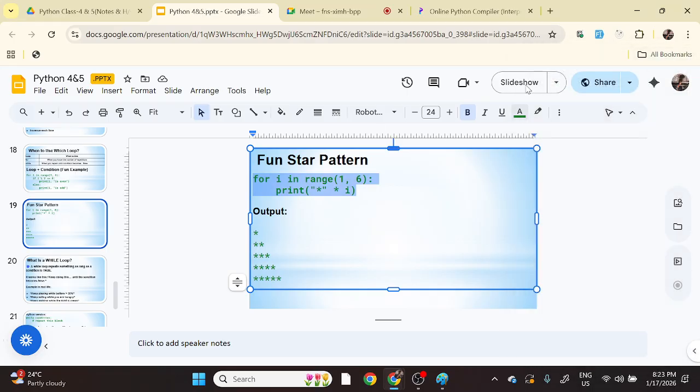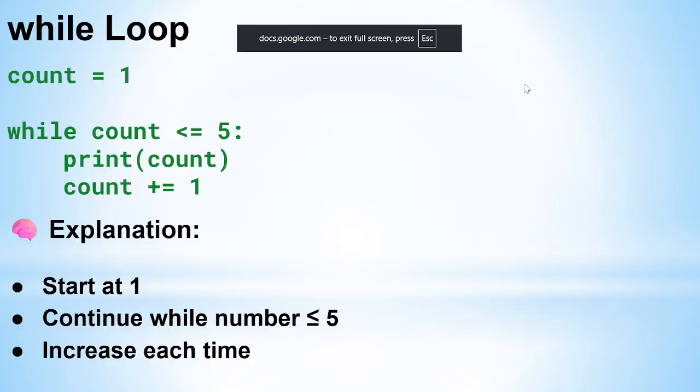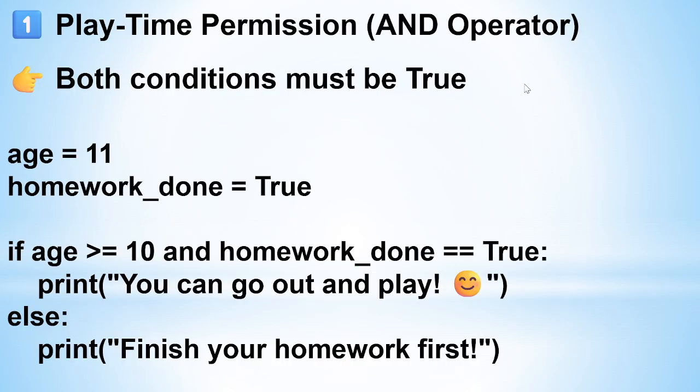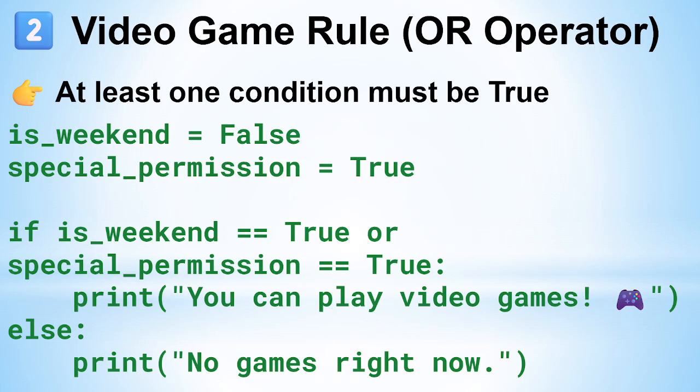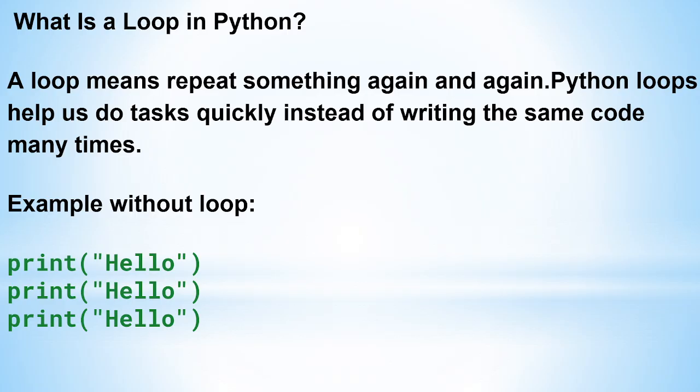Okay, so let's see whatever topics we covered in today's class. We learned about conditional statements. First of all, we saw how we can use the logical operators: how we can use the and operator, how we can use the or operator. Then we covered loops, which are really very interesting. Instead of writing print something like 100 times, we can write it very simply and easily using 2 or 3 lines of code.